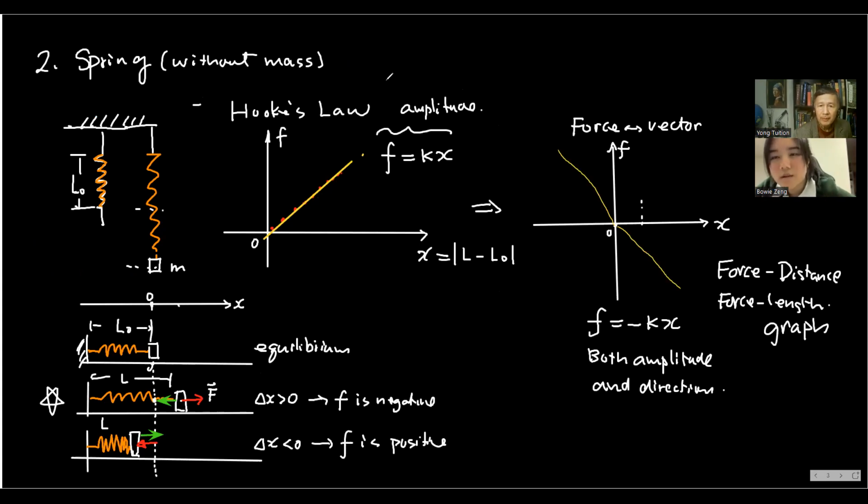Can I put some numbers here? For example, this is 0.5, and this is 0.25. If you know this number, and this k is a constant called the elastic constant, then we can calculate the force here.